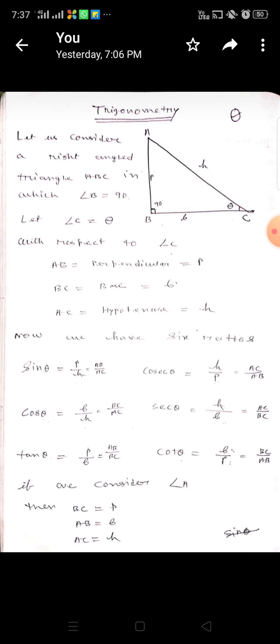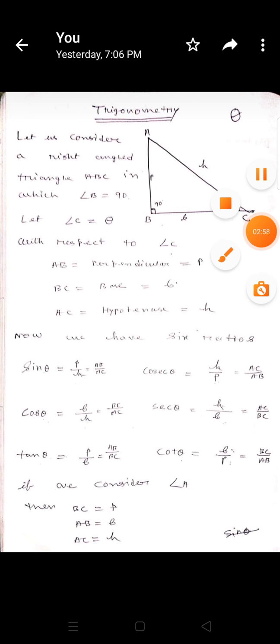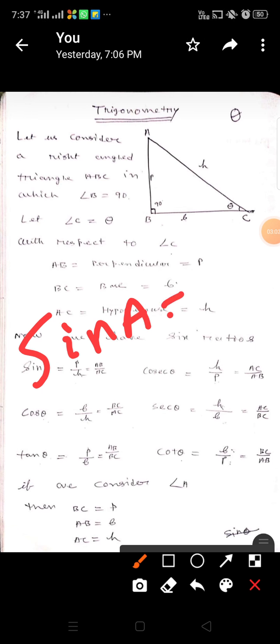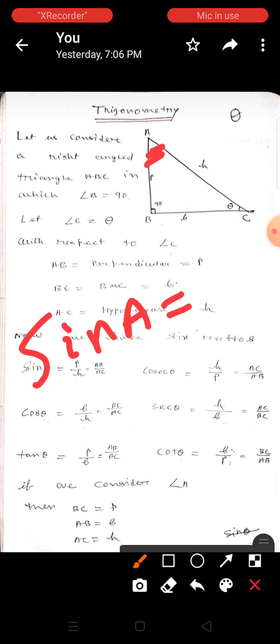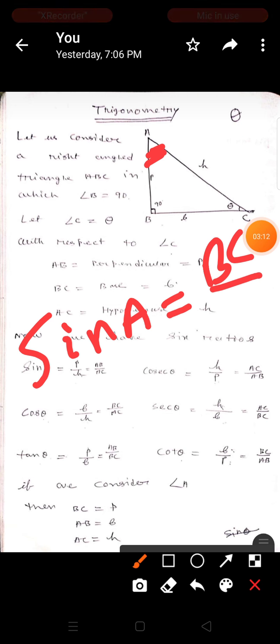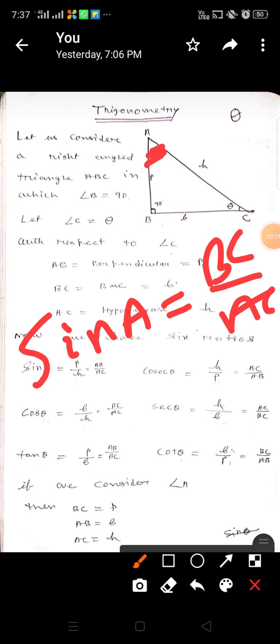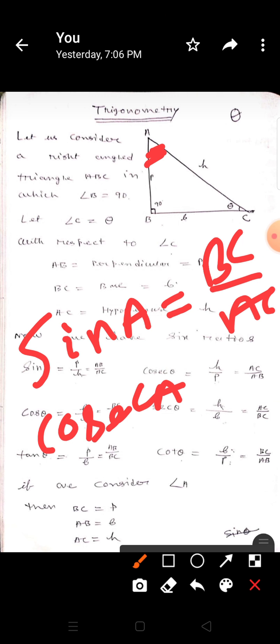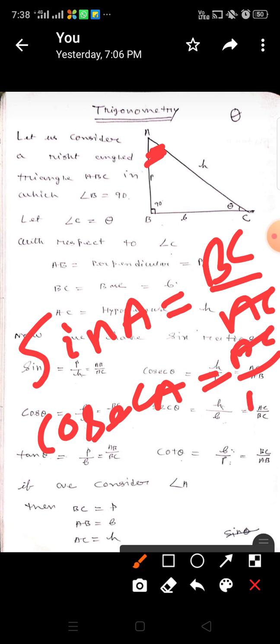So when you write sin A equal to P by H, now in case of A, के लिए कौन होगा P? BC. H will be AC. Then cosec A will be opposite of sin A, AC by BC.